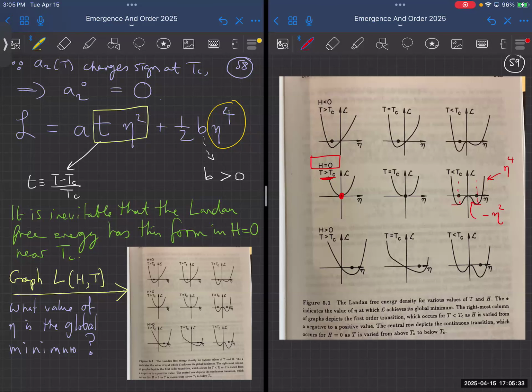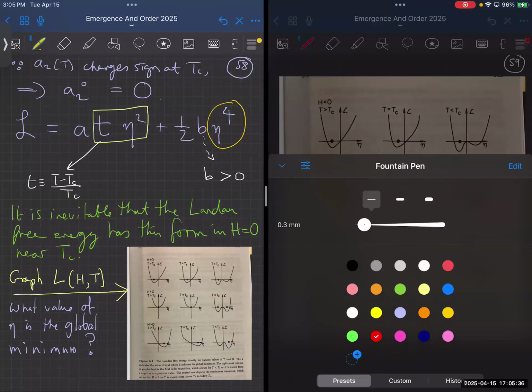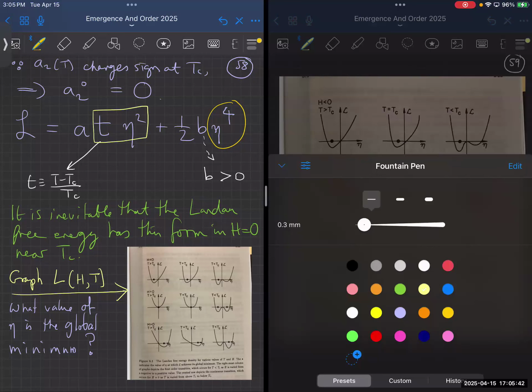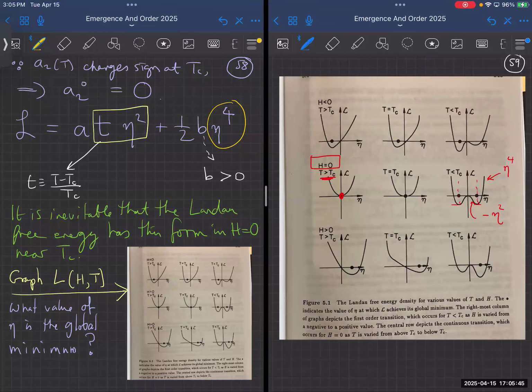They correspond to eta being plus or minus the square root of A over B. So eta min is equal to plus or minus the square root of minus A t over B. So I've got two degenerate minima like that.